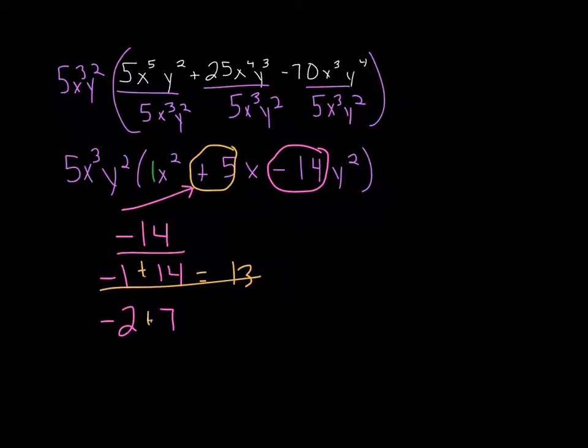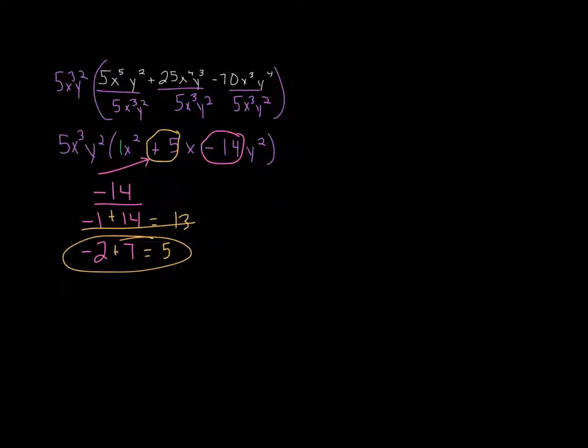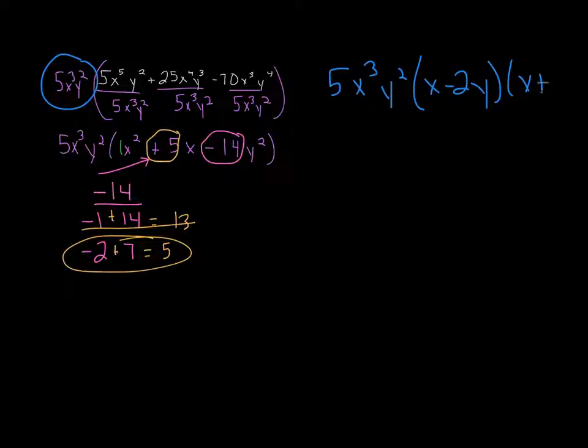Negative 2 plus 7 is 5, so that works. That's the pair we're looking for. And when you write your answer, again, don't forget to include that common factor. So 5x cubed y squared, and then x minus 2y, and x plus 7y.